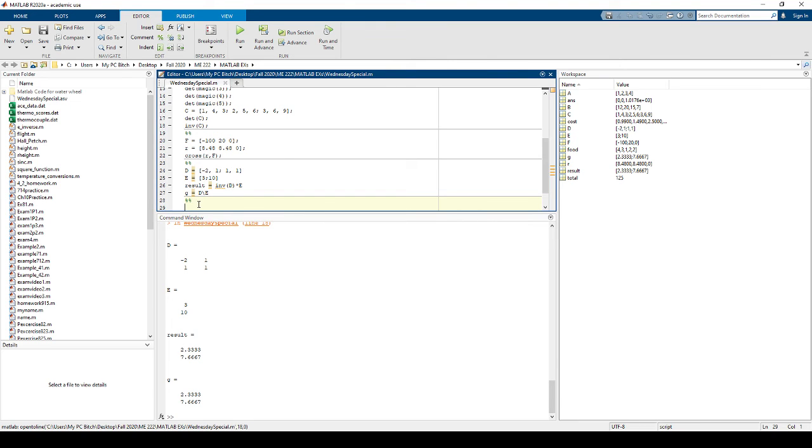So for the first one, we're going to call it F is equal to 5, 3, negative 1. And then it's going to be 3, 2, 1, and it's going to be 4, negative 1, 3, and that ends it.